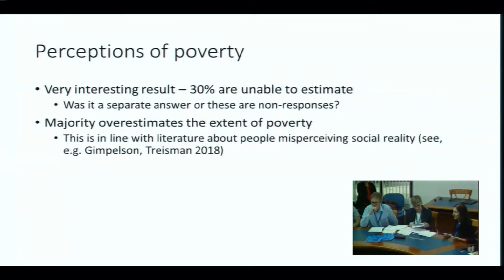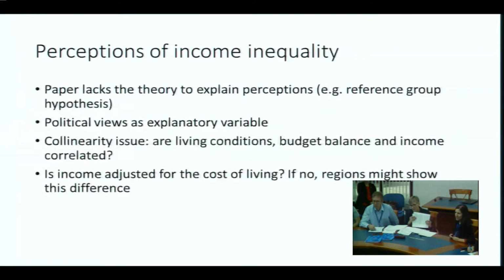So this result that you have, that people tremendously overestimate poverty, is in line with other literature on the matter. Now, the part about determinants of perceptions of income inequality: when you describe the variables that you use as determinants in the regression, you lack theoretical parts, so you don't put any general theoretical hypothesis.